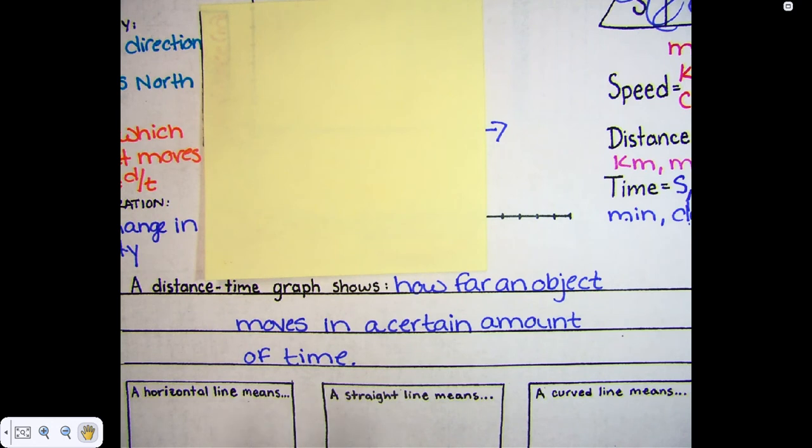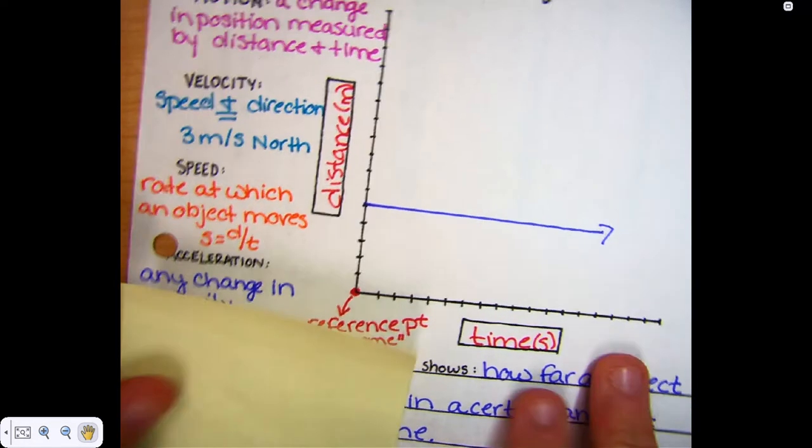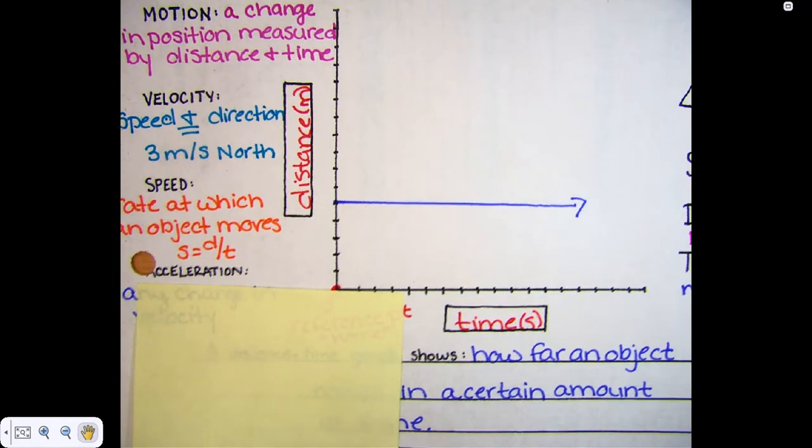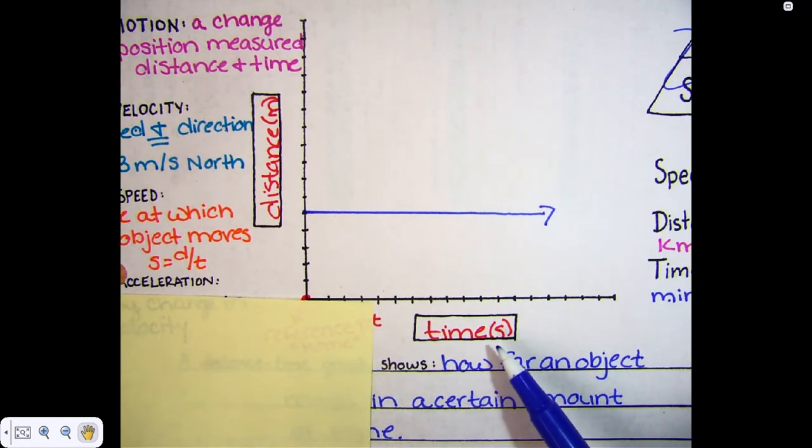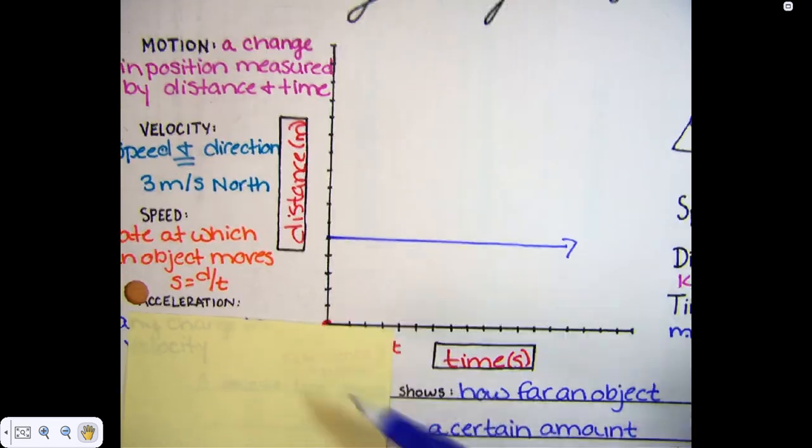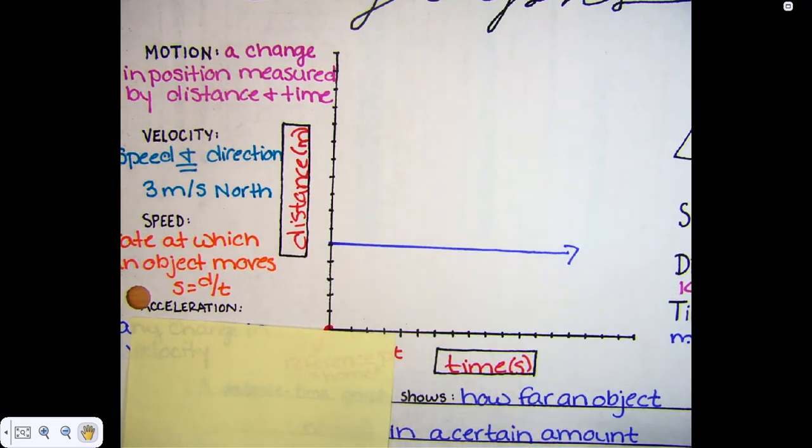Okay? Anytime you see a distance time graph or any graph, you're going to want to look at the axis. Time will always be plotted on the x-axis, and I just picked a unit for time, so seconds. Distance will always be plotted on the y-axis. The unit I picked here is meters, okay?